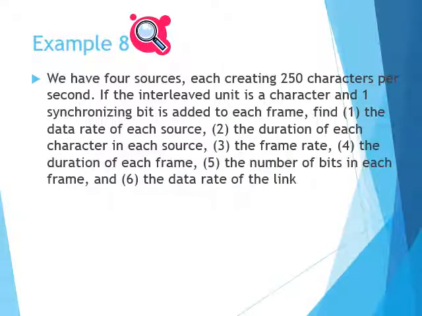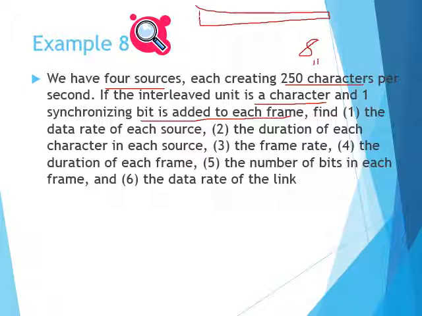example 8. We have 4 sources, 250 characters per second. One character equals 8 bits. If the interleave unit is a character, which means 8 bits, and one synchronizing bit is added to each frame, then each frame has 4 time slots.